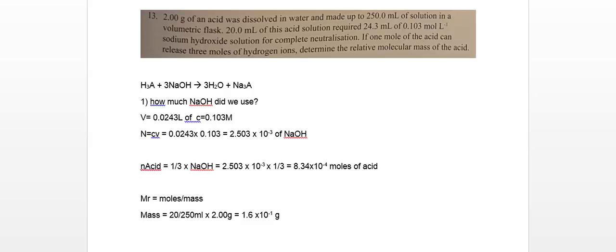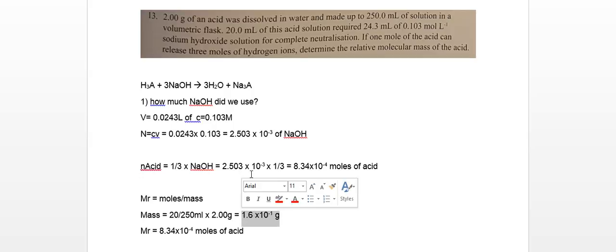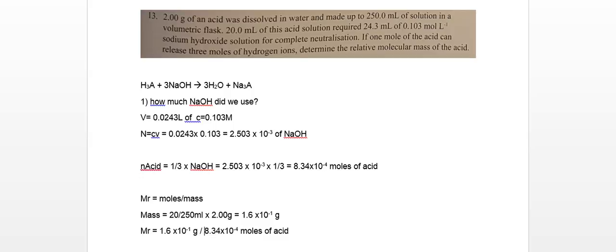So now we've got molar mass equals mass per mole. We just substitute. MR, the molar mass, equals this many grams divided by this many moles.